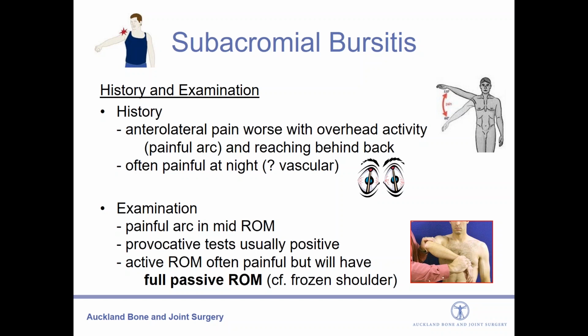The biggest differentiator, going back to that first question again, is a proper assessment of their range of motion. Usually these patients will have full, often active, but definitely passive range of motion. If they don't, then immediately you've got to think maybe this is actually a frozen shoulder and not a bursitis type of problem.